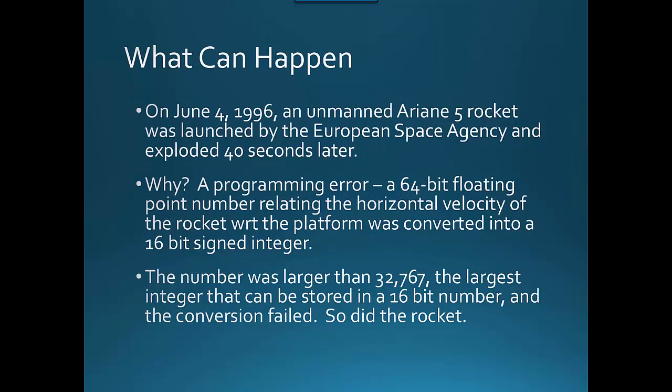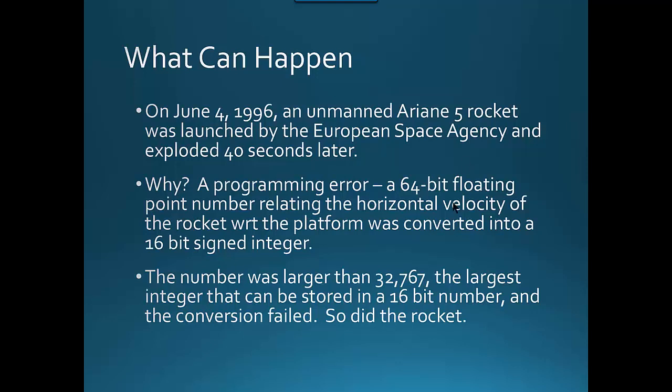Why is it not important to make sure we get this right? Well, on June 4th, 1996, an unmanned Ariane 5 rocket was launched by the European Space Agency, and 40 seconds later it exploded. And why did that happen? Well, there was a programming error. A 64-bit floating point number relating to the horizontal velocity of the rocket was converted into a 16-bit signed integer.